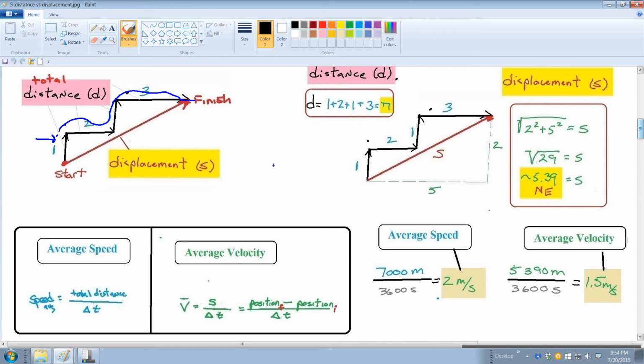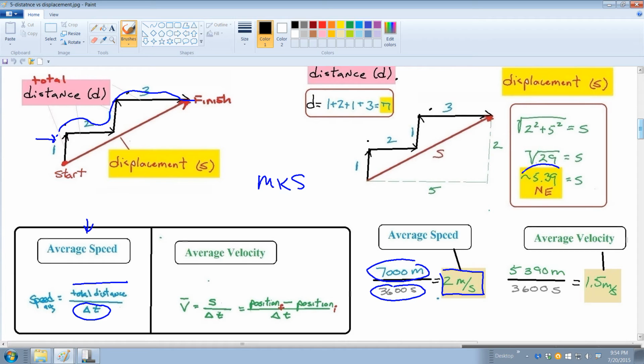Since we're using MKS, we're going to convert that hour into seconds. So the average speed definition is total distance, or the actual path, divided by the change in time. So that would be 7,000 meters divided by 3,600 seconds. We find that the average speed is 2 meters per second.